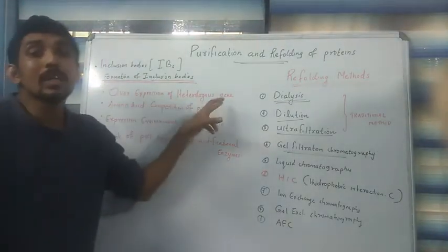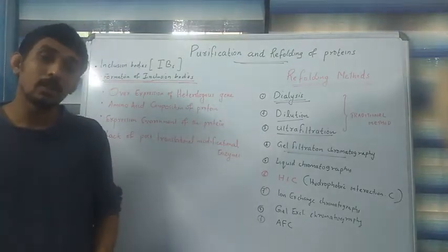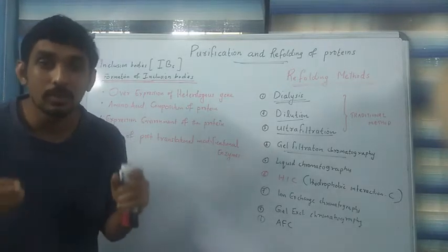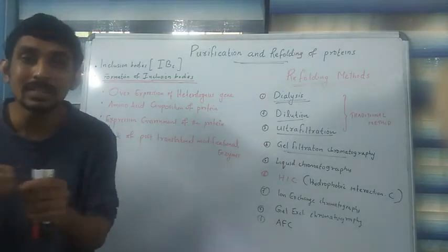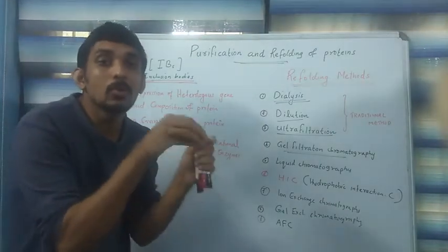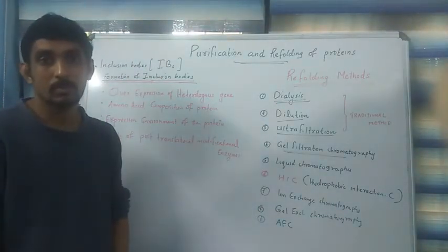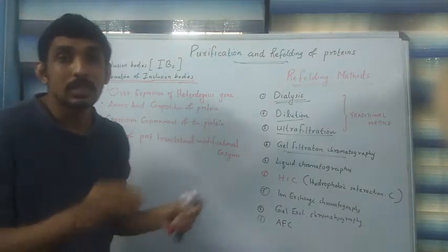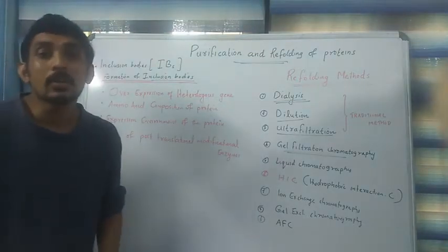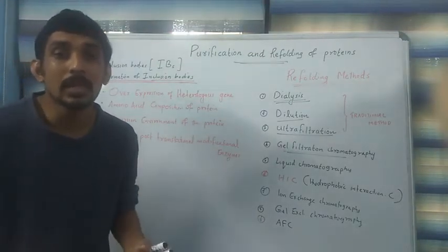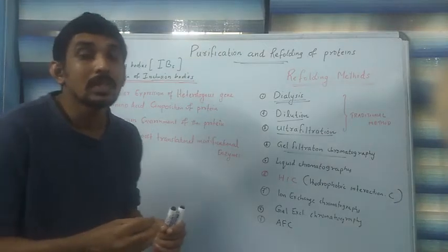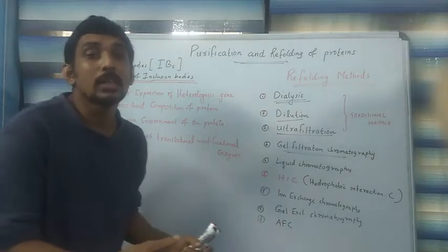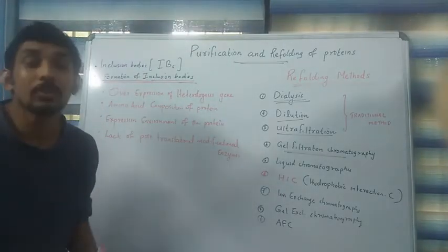One is overexpression of the heterologous gene. We know that we select a specific gene, or heterologous gene, and transfer it into a suitable host cell to express. After the transfer, that heterologous gene can sometimes express at a high rate, producing more protein than when it is present in its native cell.